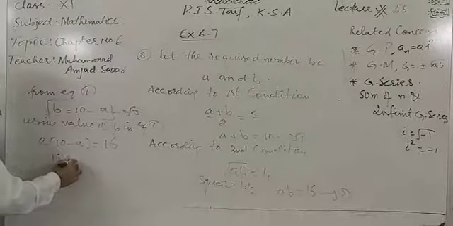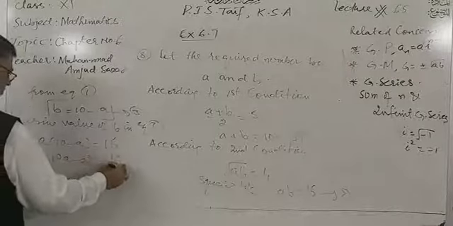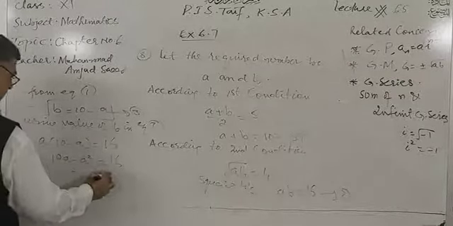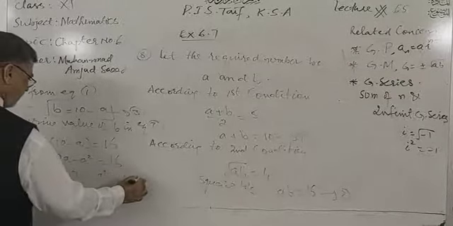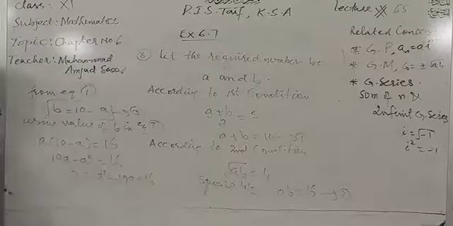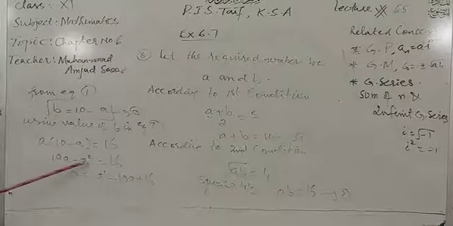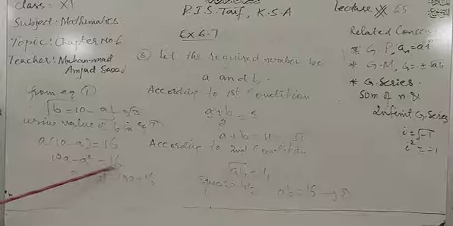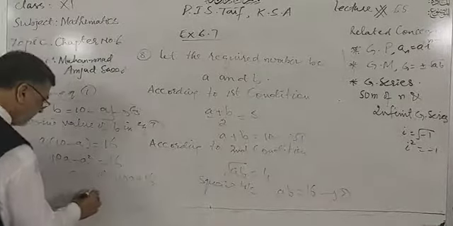So 10A minus A^2 is equal to 16. 0 is equal to A^2 minus 10A plus 16. A^2 was negative, so it is shifted to the right hand side and becomes positive. Now you will make the pairs.